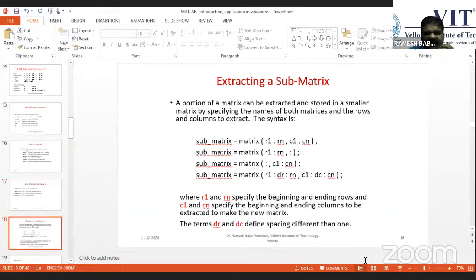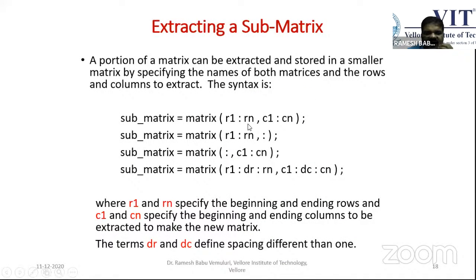Then extracting sub matrices, like a sub matrix with R1 to Rn. That means in the rows, how many rows there have to be and what their values should be. Those values you can give like R1 to Rn. Columns also you can give, the starting point and the end point.